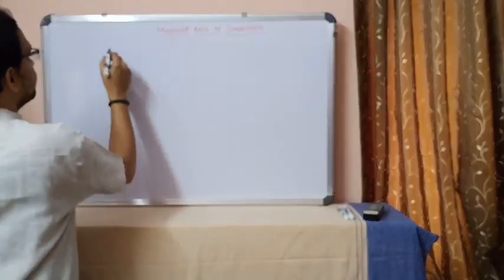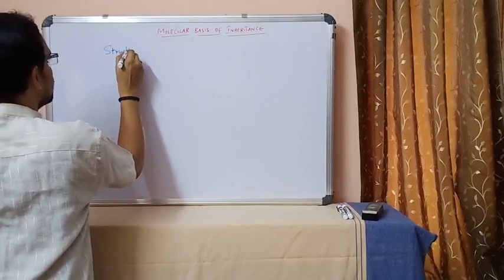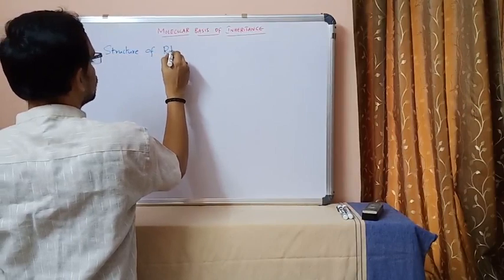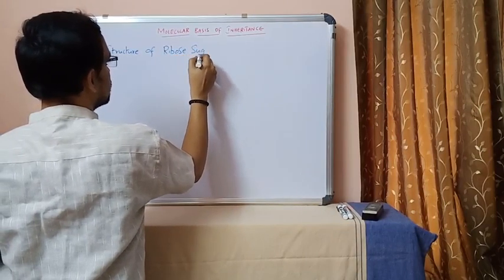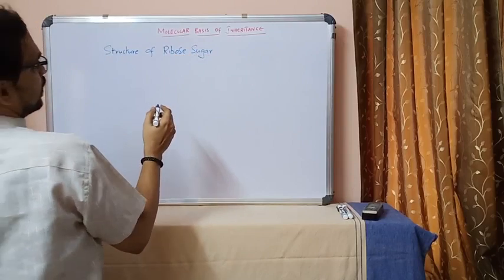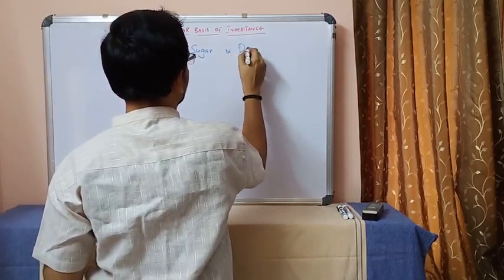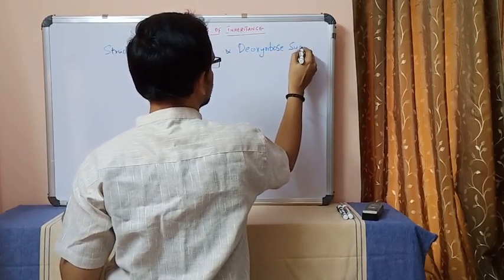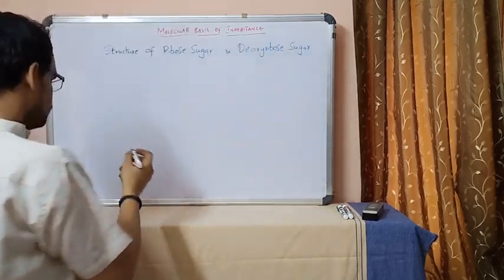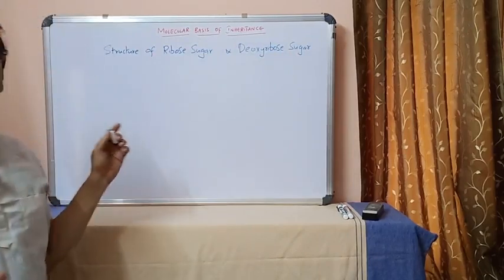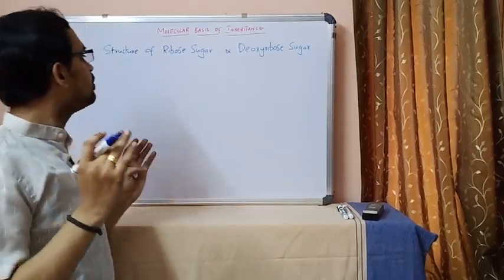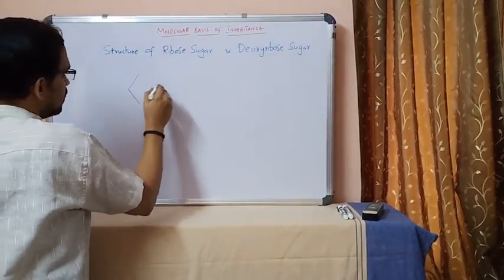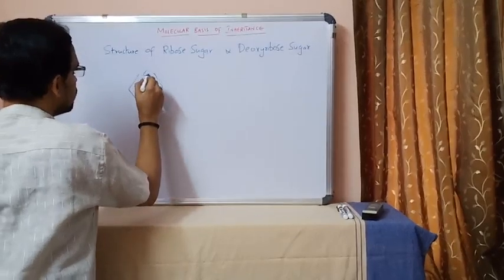Now, structure of ribose sugar and deoxyribose sugar. How the structure of the ribose sugar looks, that we are going to study now. The structure of the ribose sugar looks like this.